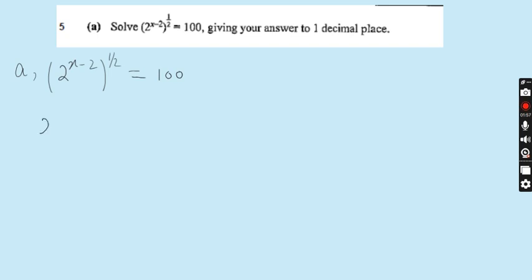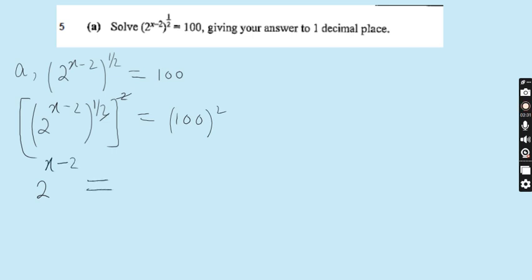So x minus 2 multiply by 1 upon 2, or if you take squaring on both sides, so 2 cancel by 2, 2 power x minus 2 is equals to 100 square.